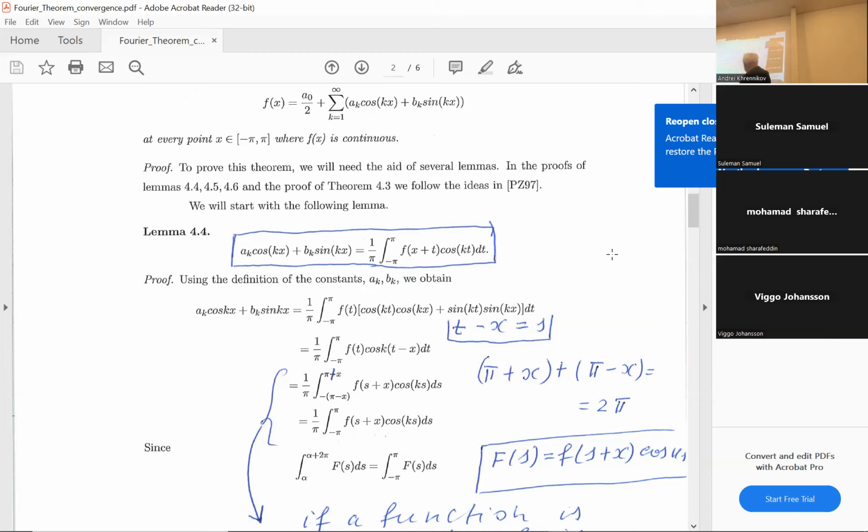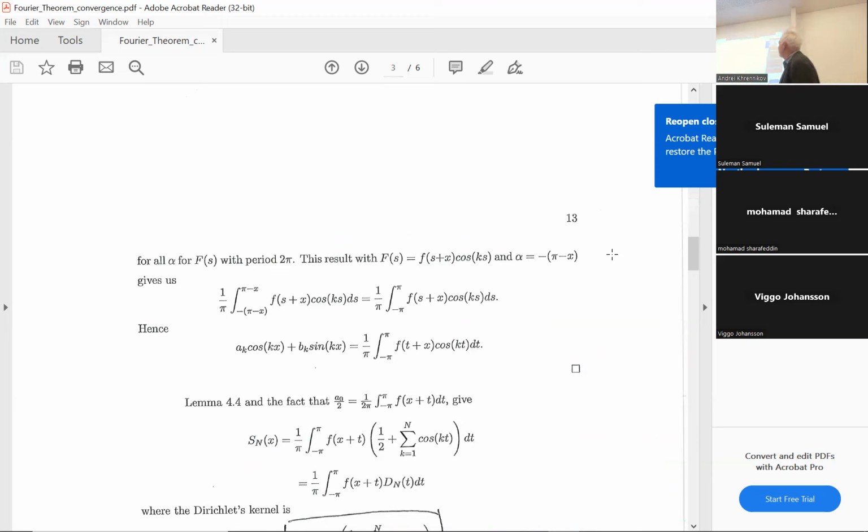So this function is periodic. Therefore, as they wrote in fact, if you integrate over some interval where the difference between the endpoints is 2 pi, it is the same as from minus pi to pi. So when we move from this to this, we use periodicity of our function. Yeah, that's it. Nothing so complicated.